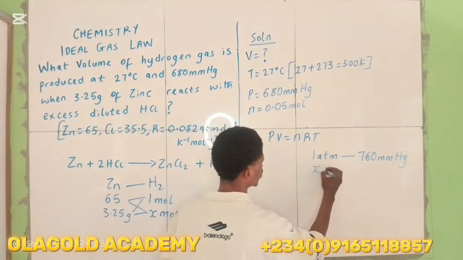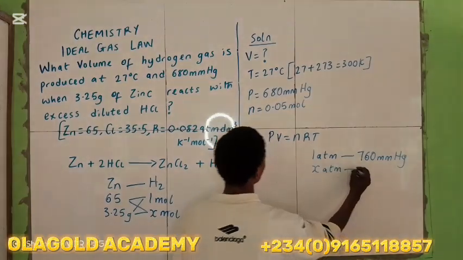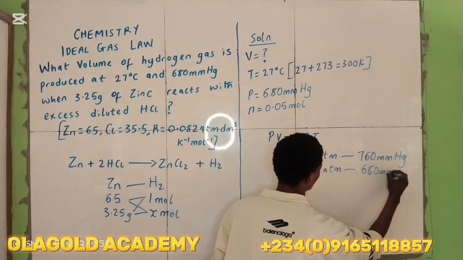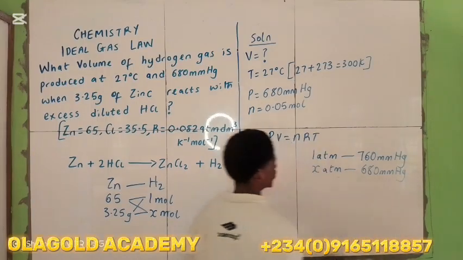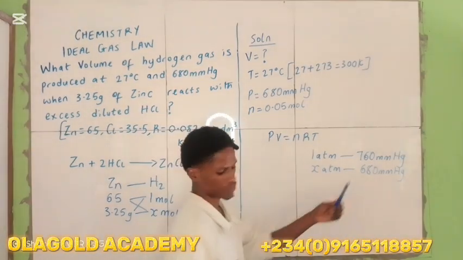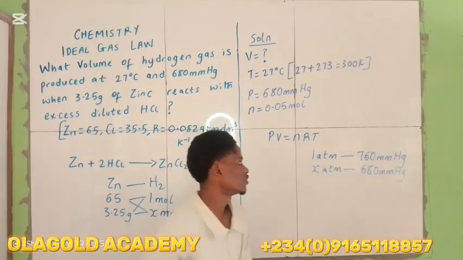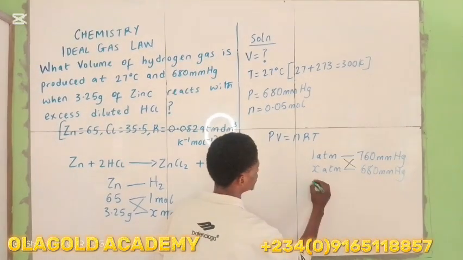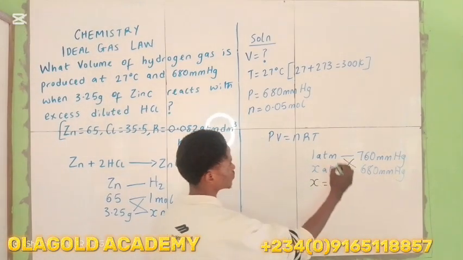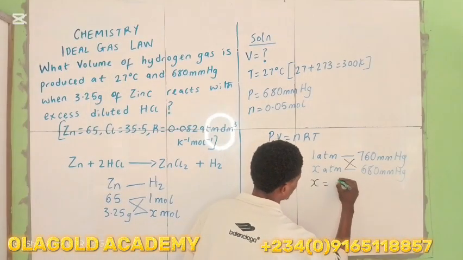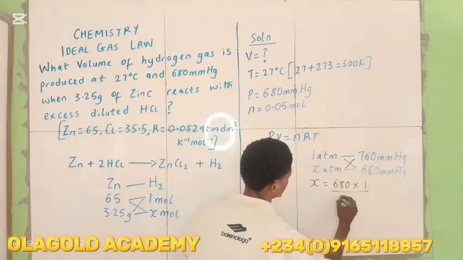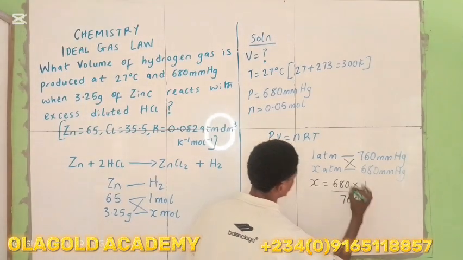How many atmosphere will be 680 millimeter mercury? If I cross multiply, I'm going to get x equal to 680 multiplied by 1 over 760.